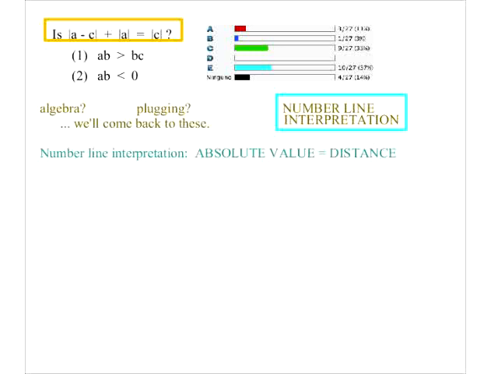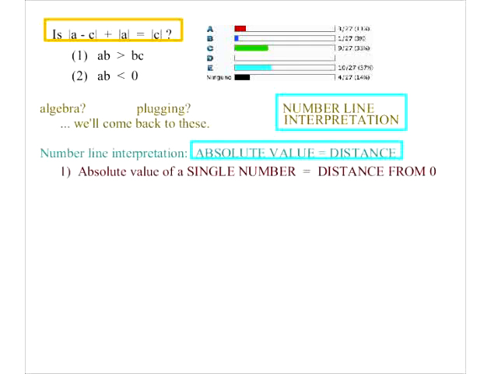There are two different kinds of distance you can get out of absolute values. The first kind is distance from 0. If you have the absolute value of a single number, that's distance from 0.